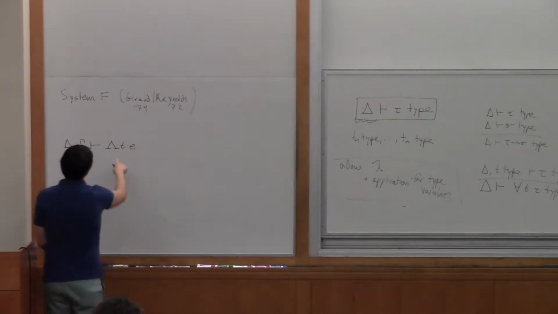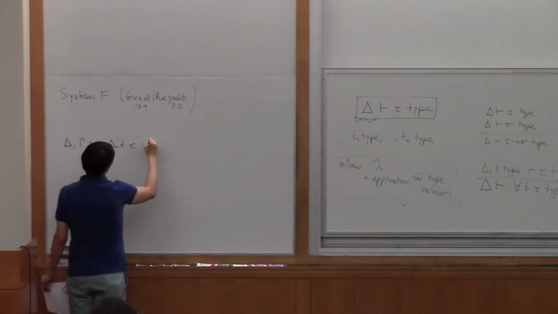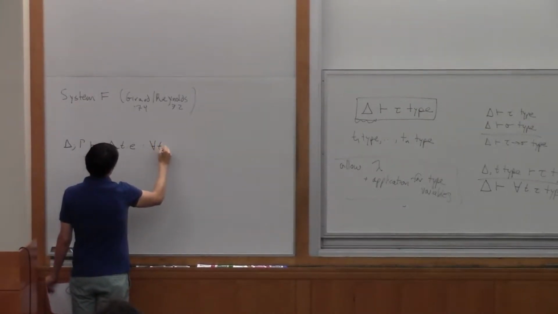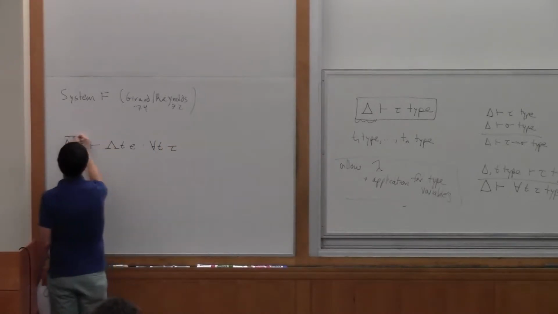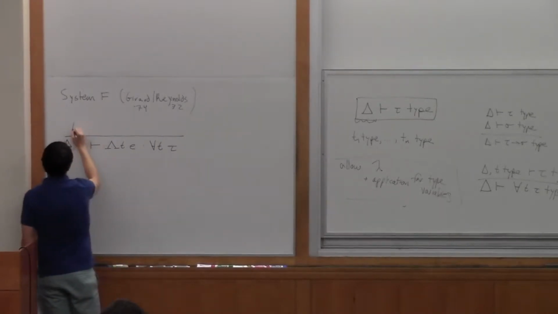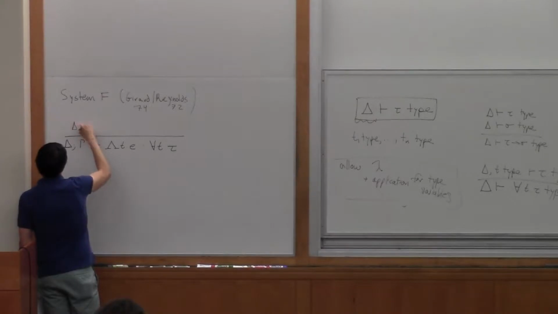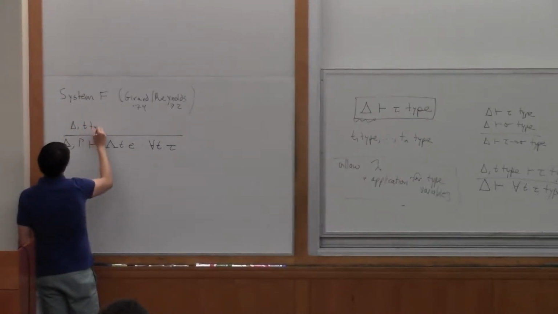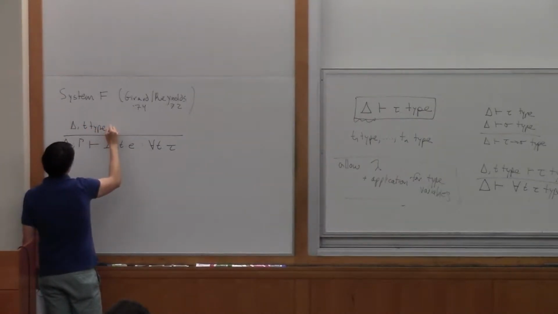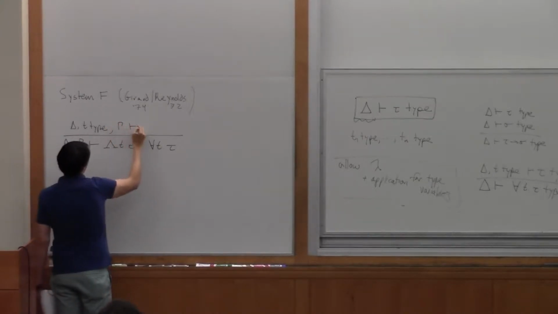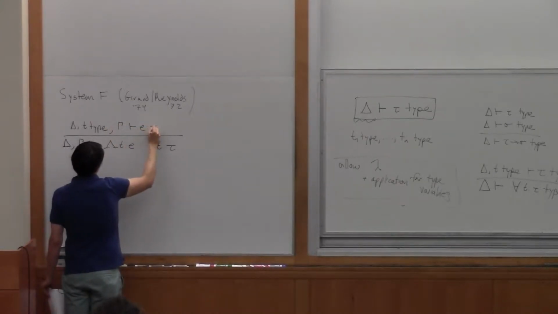So we'll have capital lambda t dot e has type for all t dot tau if, extending the type context with the assumption that t is a type, keeping the term variables the same, e has type tau.